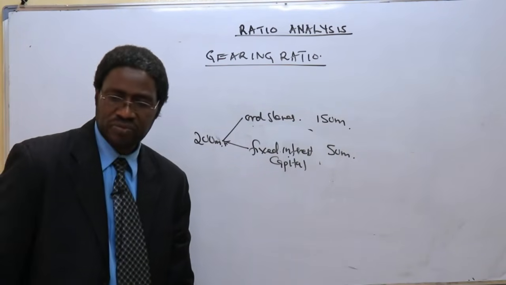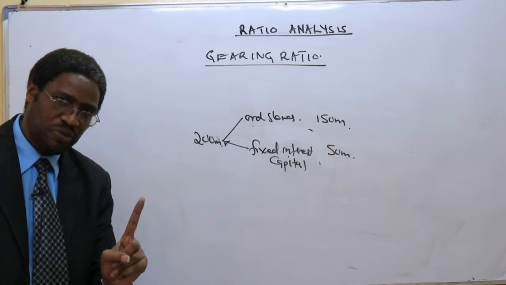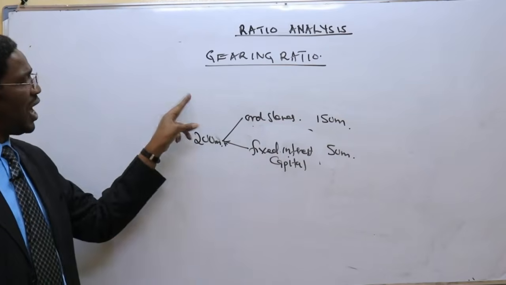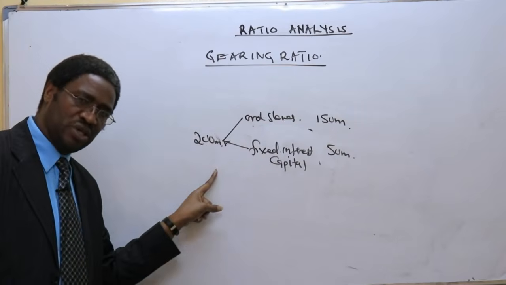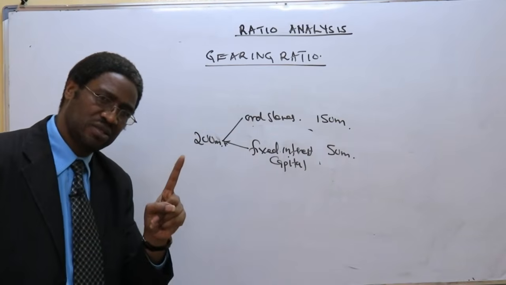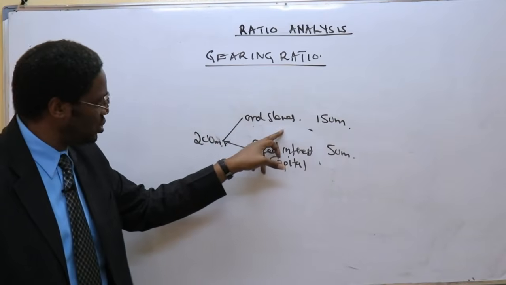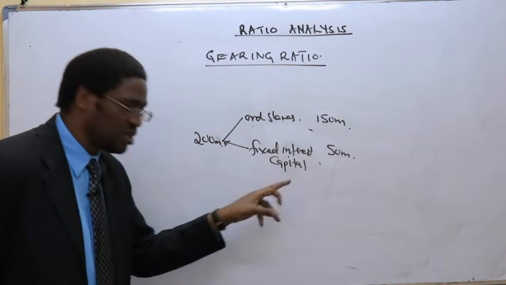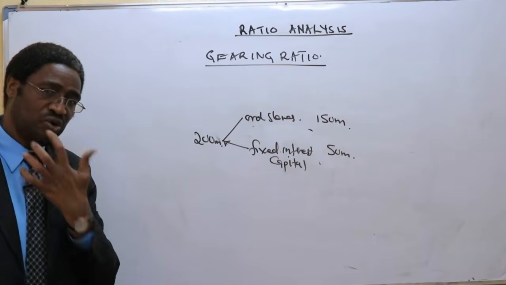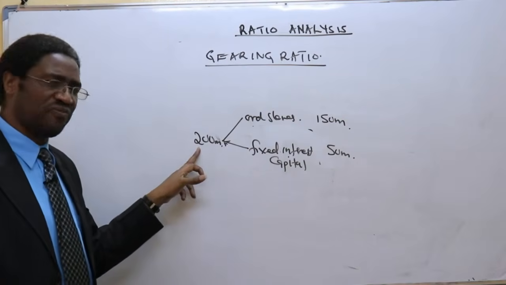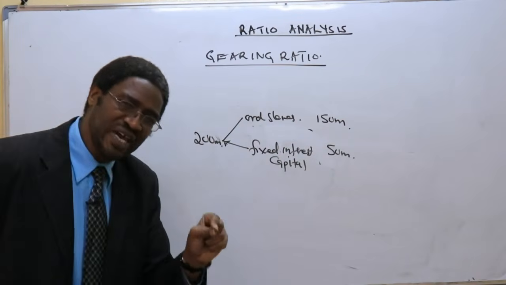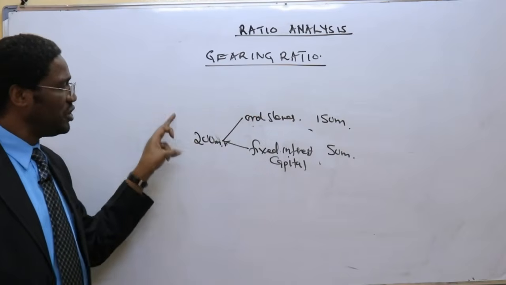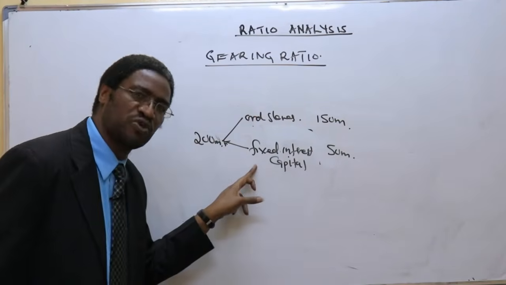So now, gearing. The point is this: gearing is a method of comparing how much of the company's capital is provided by the ordinary shareholders and how much of the company's capital is provided by the fixed interest capital providers.